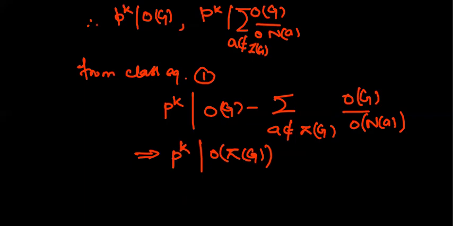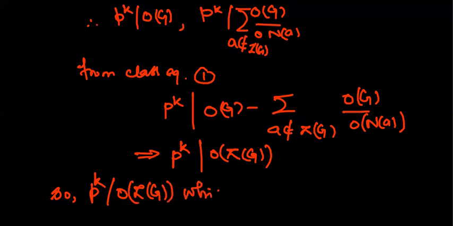So we got order of p^k divides order of Z(G). Now, so p^k divides order of Z(G), which is abelian. Okay.